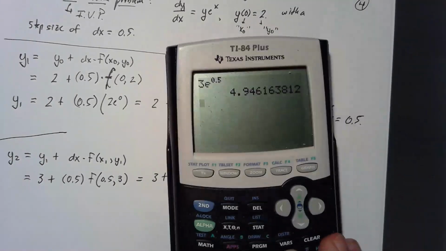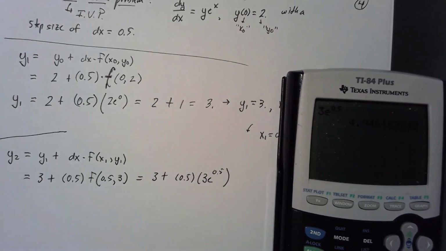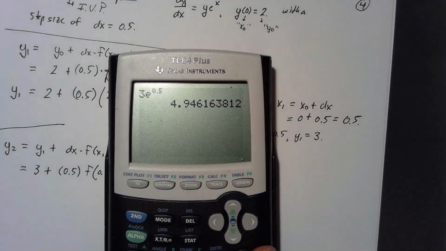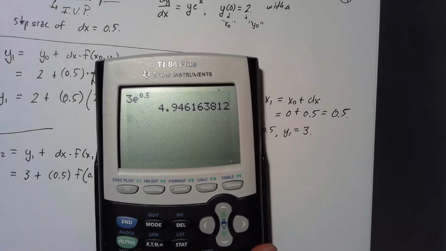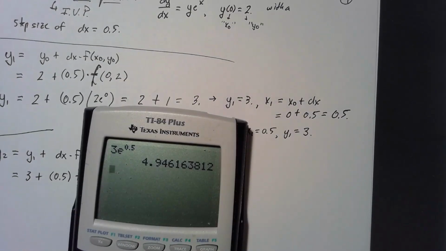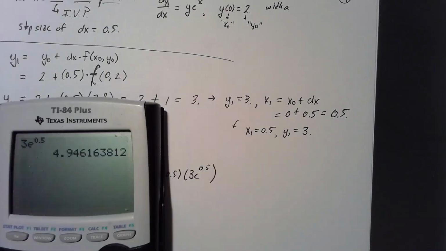Whenever you're doing these things, usually the number of decimal places you round the value to just depends on the textbook or the instructions. Your textbook says to round to 4 decimal places. I guess it really doesn't matter. We're going to do it to 3 decimal places. So 4.946.